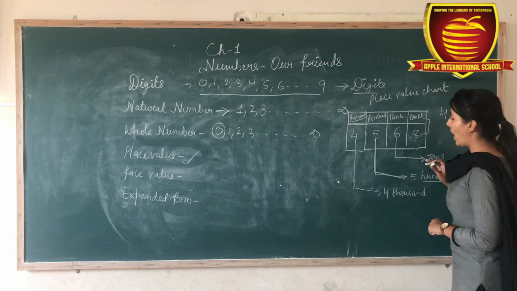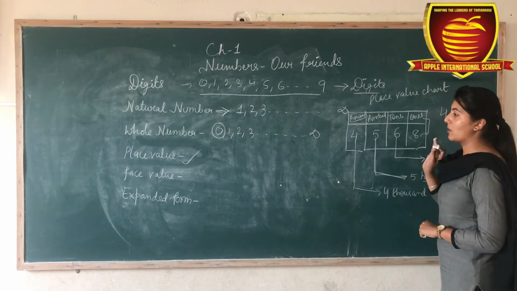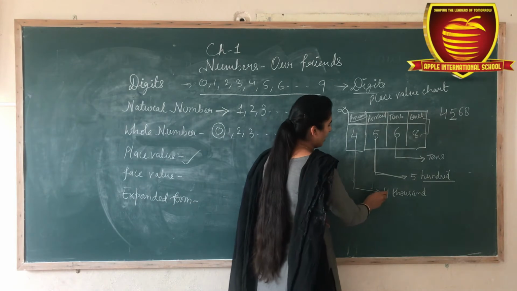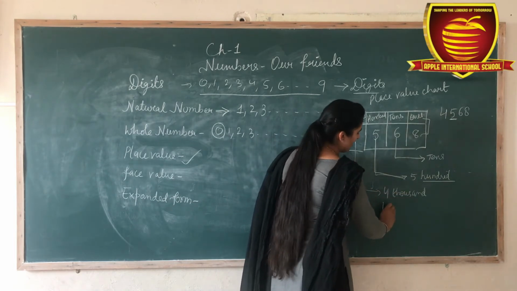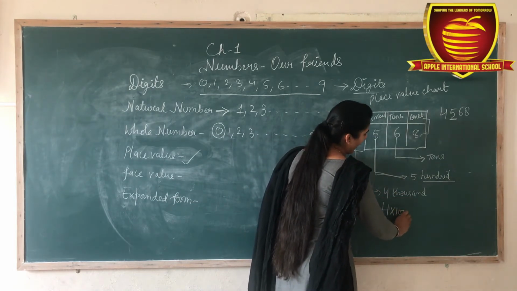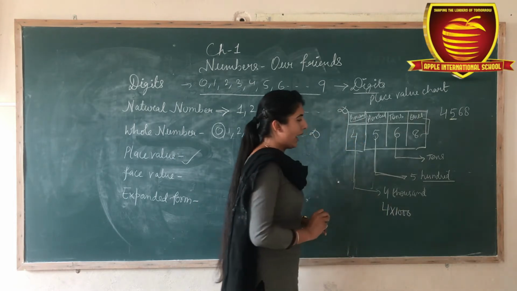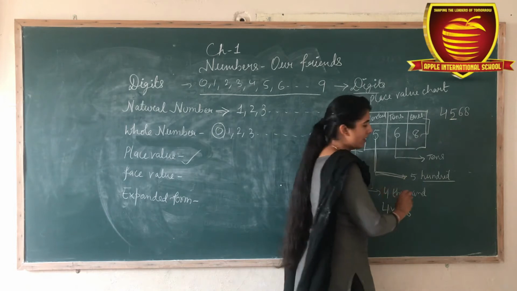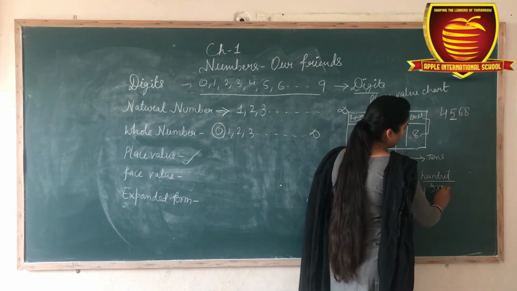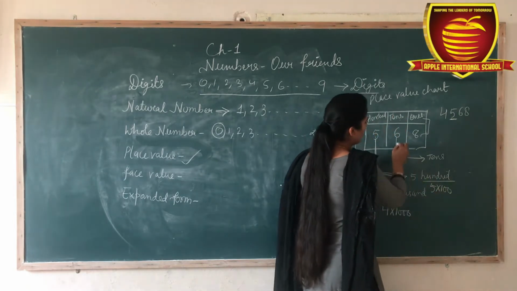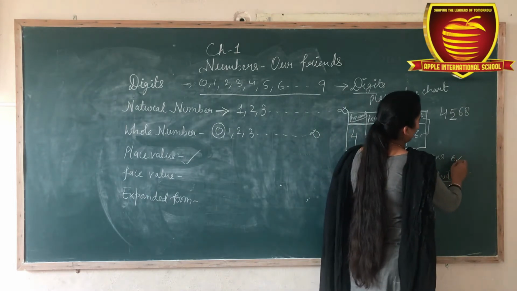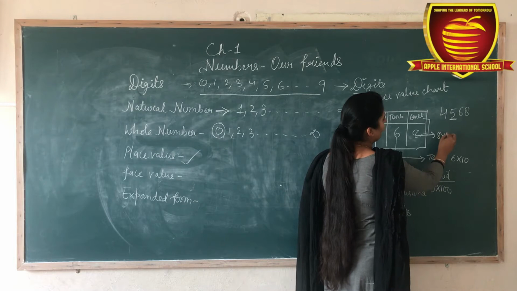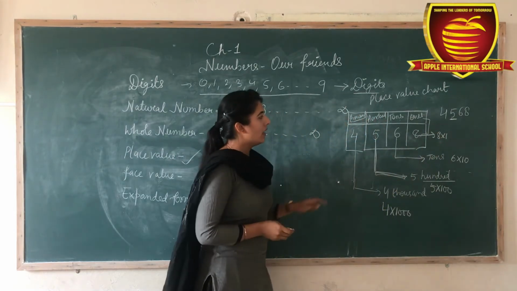Now, how do I write it with place value? Here you can see that 4 is at the thousands place, so we can write it as 4 multiplied by 1000. 5 is at the hundreds place, 5 multiplied by 100. 6 at tens place, 6 multiplied by 10, and 8 is at the ones place.